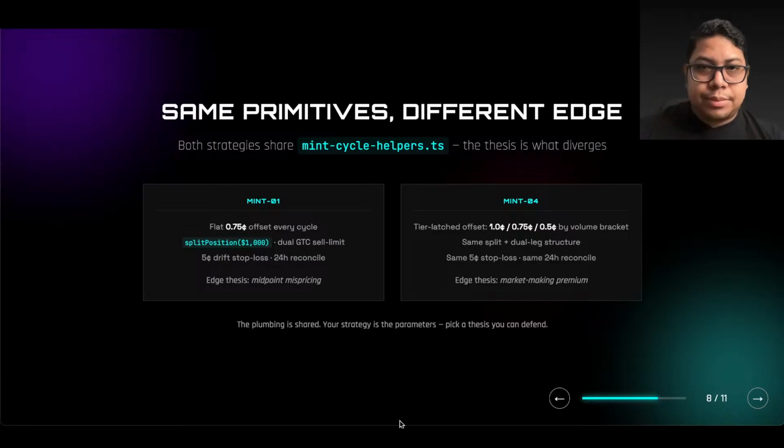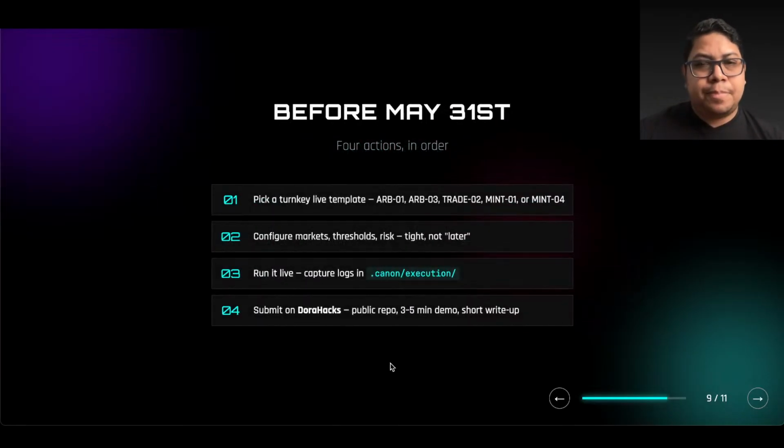Okay, so now going into what you need to do prior to May 31st. This is of course a summary, and it's not a step by step guide. First of all, go check the previous workshop, configure your environment, run Canon, and pick one of the templates that you can choose from.